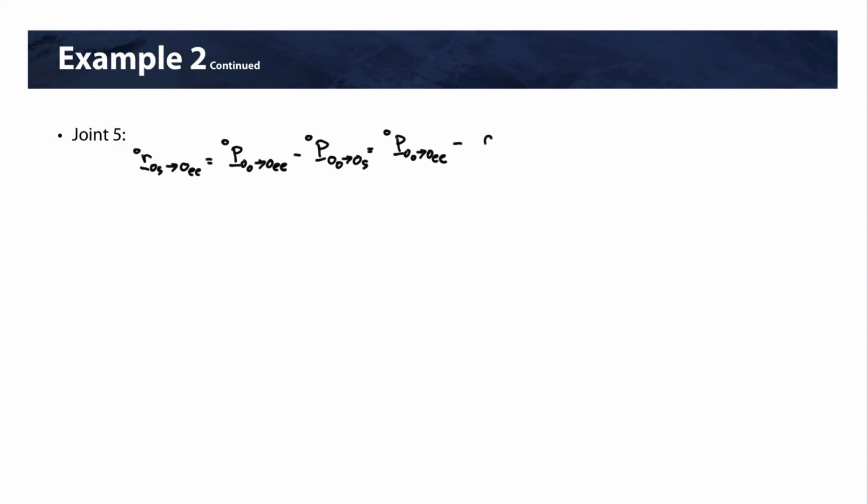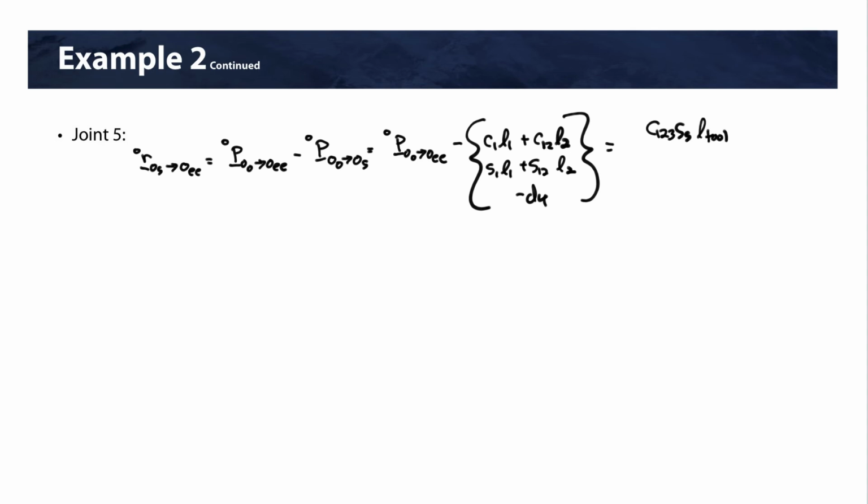It's going to be minus C1L1 plus C12L2. It's going to be S1L1 plus S12L2. And then it's going to be minus D4. So we subtract those two vectors, and we're left with C123 S5L tool, S123 S5L tool, and minus C5L tool.